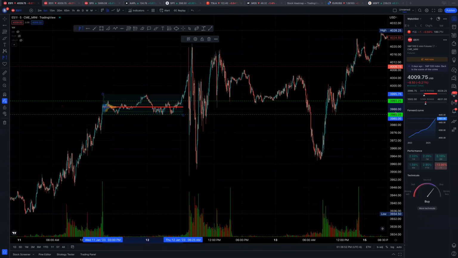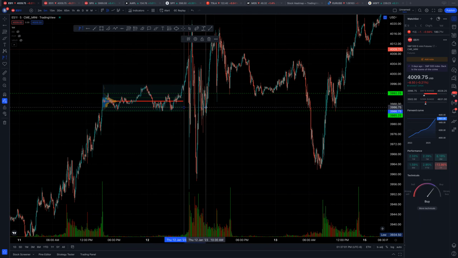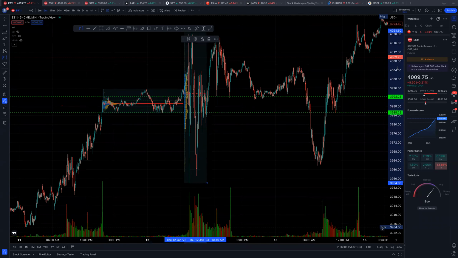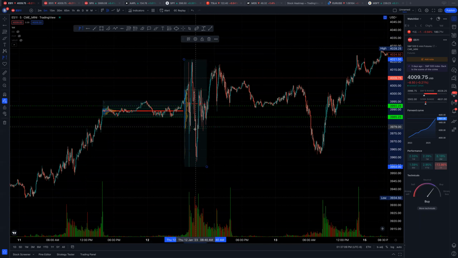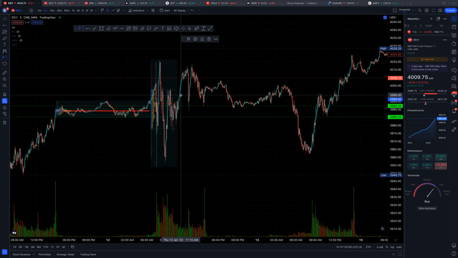So you can see the point of control form right here. You can see how it's going to expand here, probably on this chop. The point of control moved a little bit, but the value area high and value area low completely blasted through the structure that we previously had. And once you see price settle again, you're going to have another structure form.